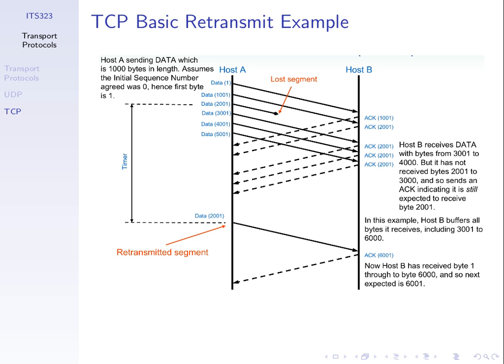It's just saying, I'm still waiting for 2001. So B stores the data in those segments in memory in a buffer, but it's still waiting for 2001. And it tells A that, and it keeps telling A that by sending back an ACK: I'm waiting for 2001.